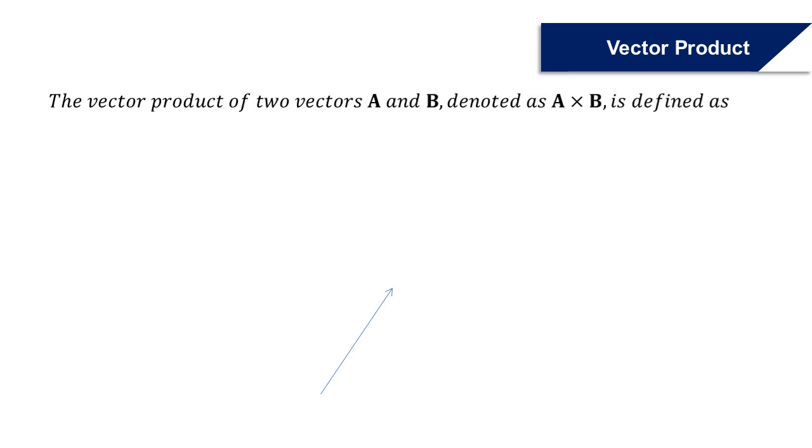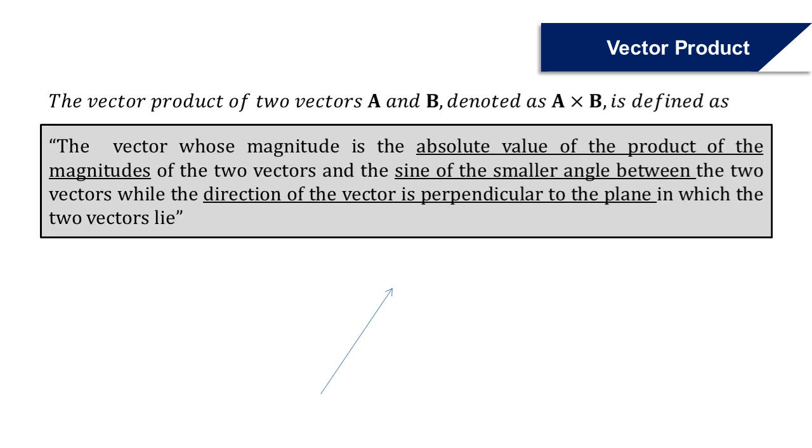So what is a vector product or the cross product? The vector product of two vectors A and B, denoted as A cross B, is defined as the vector whose magnitude is the absolute value of the product of the magnitudes of the two vectors and the sine of the smaller angle between the two vectors, while the direction of the vector is perpendicular to the plane in which the two vectors lie.